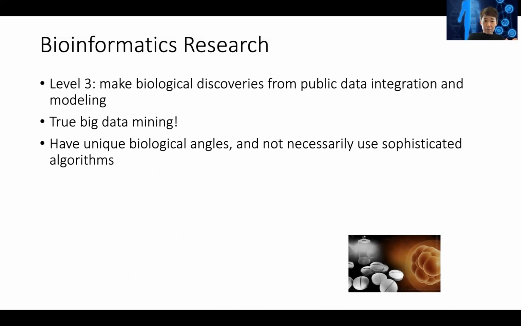So this level 3 bioinformatics research requires the computational biologists to have their unique biological angle. They care about a specific biological problem. The algorithm can be developed in their group, but it could just be a smart use of existing tools that answers a very interesting biological question or looks at the data from a fresh angle.